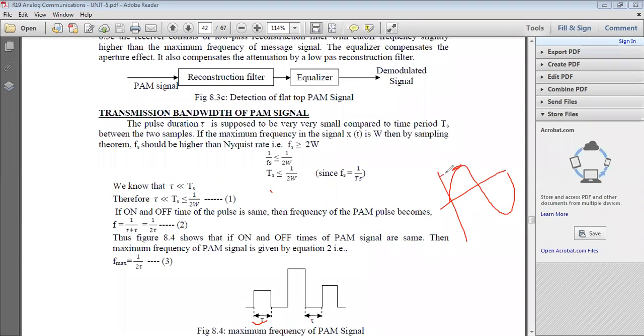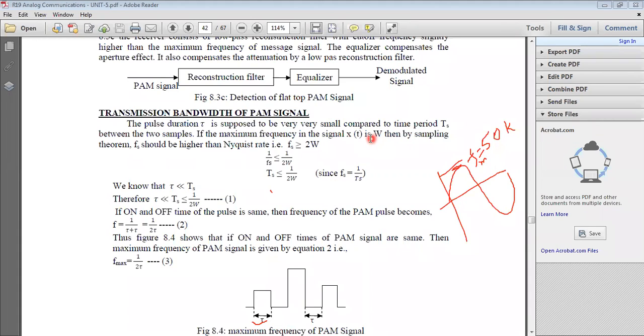This is the maximum amplitude, and suppose for this signal we have 50 kHz as the maximum frequency, then Fm is considered as 50 kHz. The maximum frequency in the signal x of t is Fm. Suppose here we take it as W.